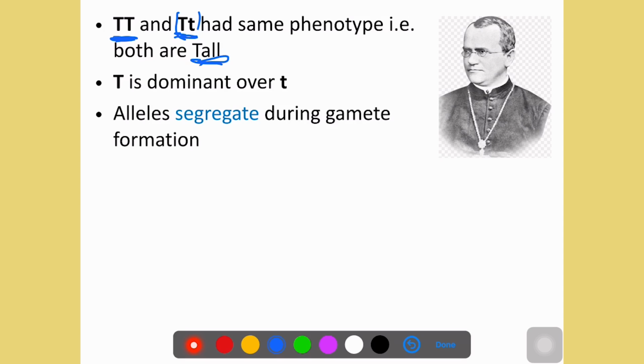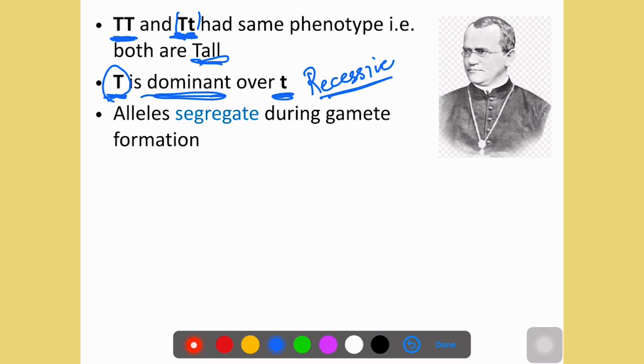So in this particular case, the capital T expresses phenotypically, whereas the small t does not get to express when it is present in the presence of capital T. So therefore, the capital T is said to be dominant over the small t, and the small t is said to be recessive, right? So capital T is the dominant allele, whereas the small t is the recessive allele. So this is pretty important over here.